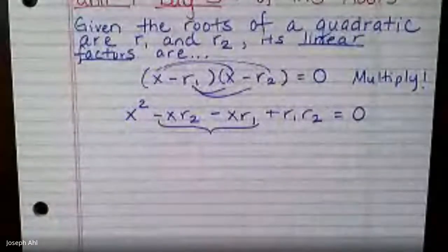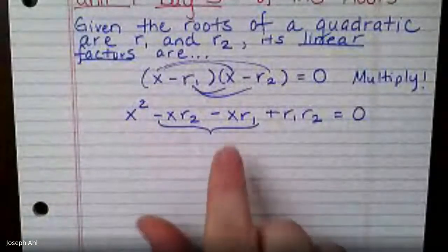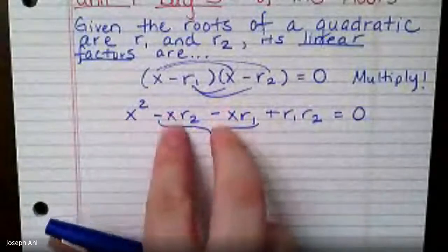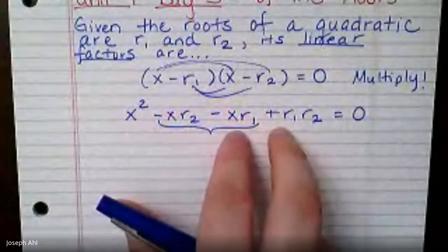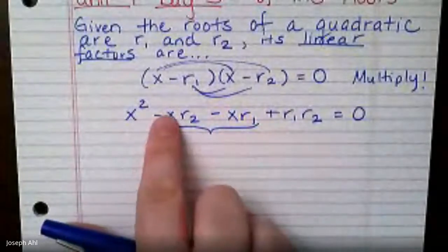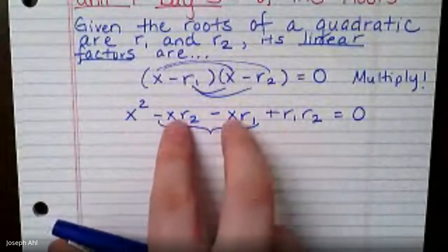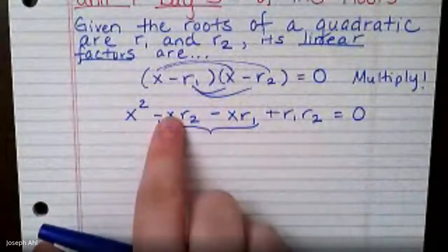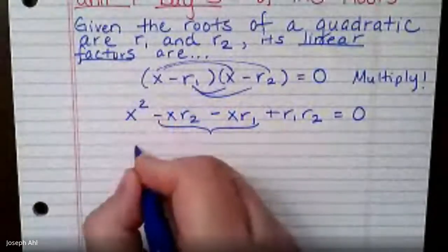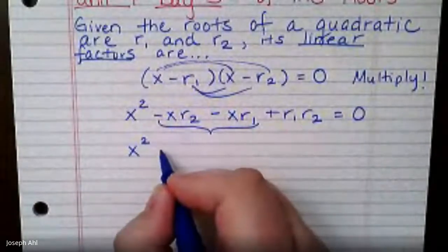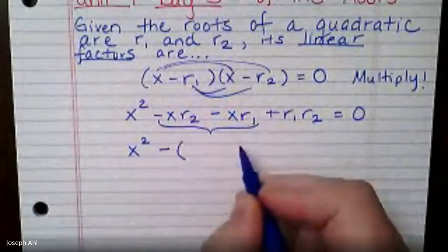But something really interesting happens when you take a look at what's going on in the middle. These are my x terms. If we take that x out as a GCF, what we're left with is negative R1 and then minus R2. If I take an x from each of these, we have negative R1 and negative R2 left over. Because both of them are negative, we can even take out a negative from that quantity.